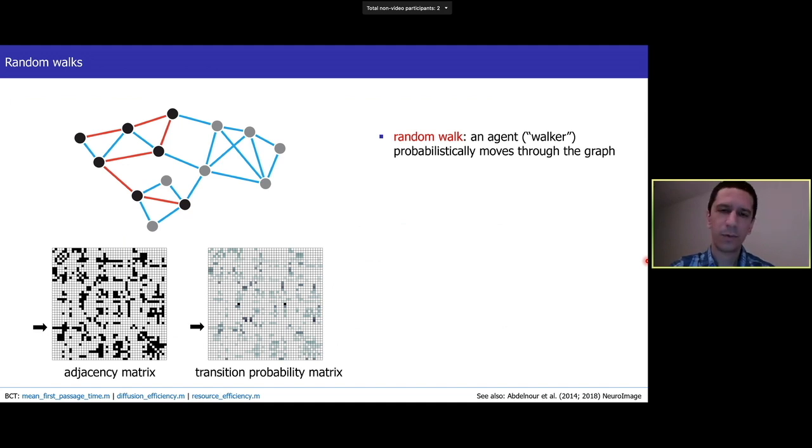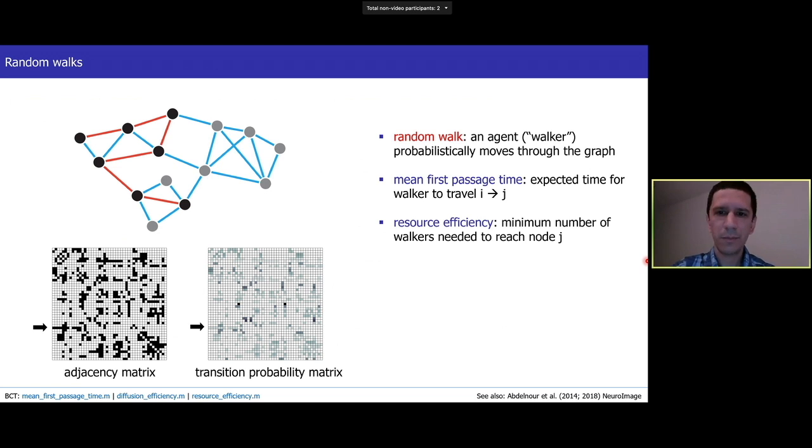communication pathways for our network. By considering random walks instead of shortest paths, we can actually compute a number of measures that are analogous to what we had before with shortest path routing. So for instance, we can compute what is the expected time for the walker to travel from node I to node J, the so-called mean first passage time, which is a measure of how easily two nodes could communicate.